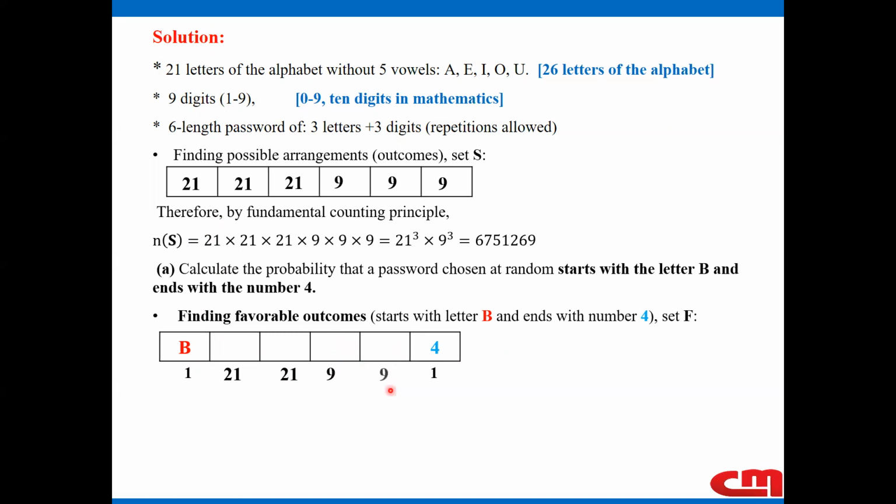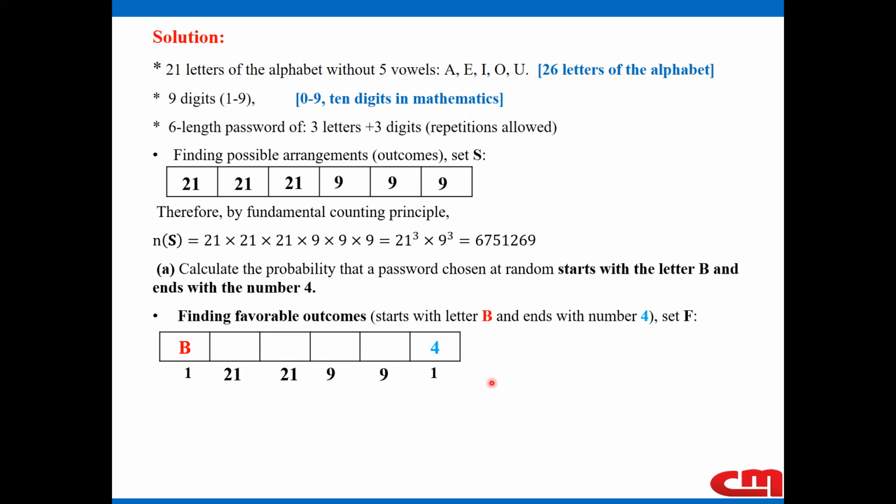The same can be said on the other number position. So the repetitions allowed, we are respecting here, independent of the fact that we have placed the B and a 4 there. We can still have B also occupying these other 2 slots. The same can be said for a 4.